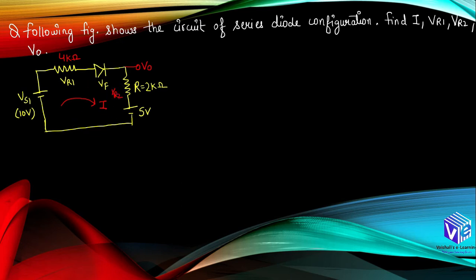So all of these things we have to find out, and first, whenever we see any circuit, we see the biasing of the diode. Here you can see the positive terminal of VS1 is connected to the P side of the diode, so it is a forward bias diode. So the diode's configuration and the biasing we need to know.